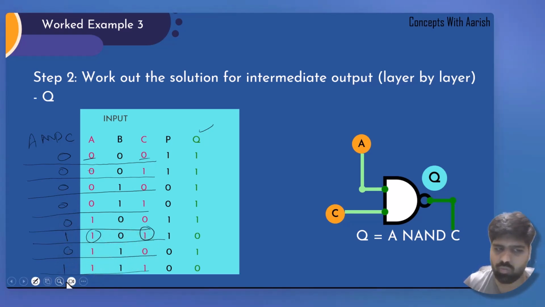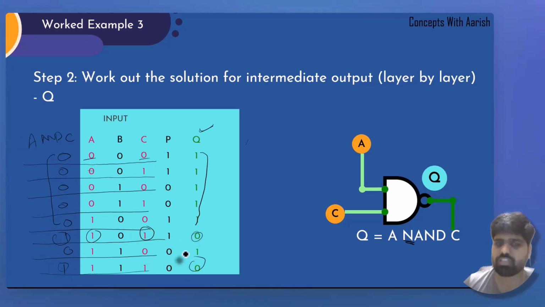Because it's also a NAND, a not is applied at the end, so you flip it: all these zeros become 1, and the ones become zeros. Hopefully that makes sense.